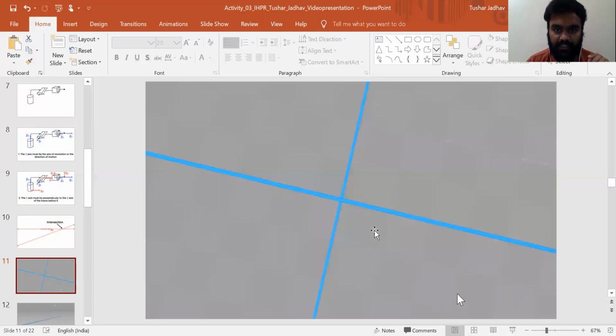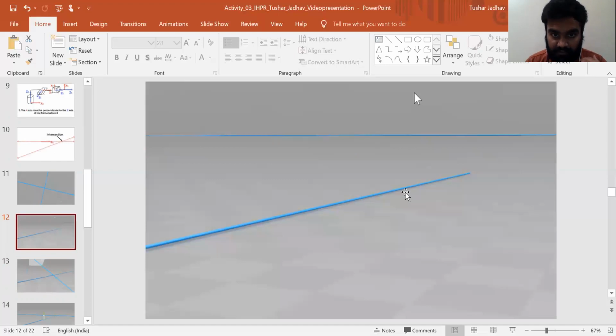Here I have an image wherein these two lines look intersecting, and this is the point of intersection, which we tend to see from above. But when we see from the side view, there is a certain offset between these two lines in three-dimensional space. So are these lines completely intersecting? I don't think so.